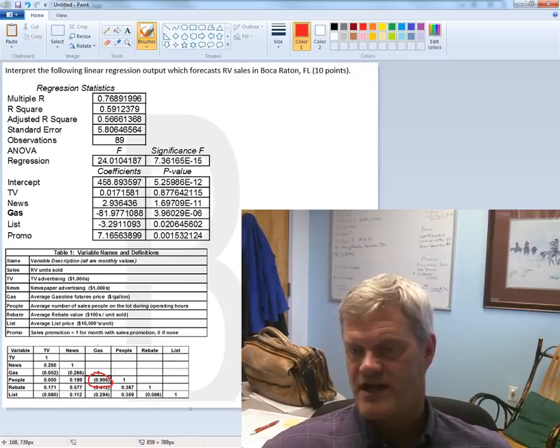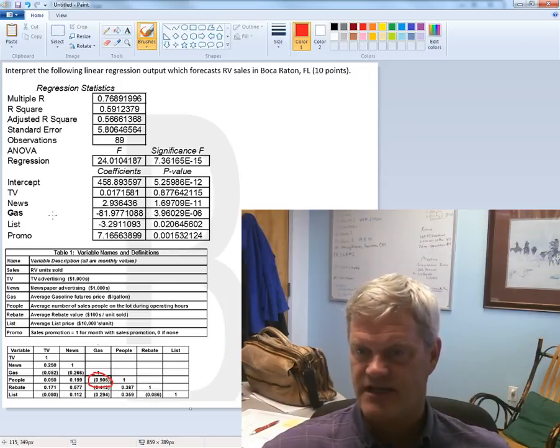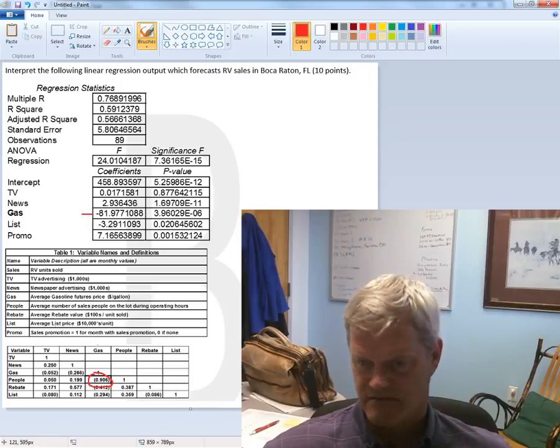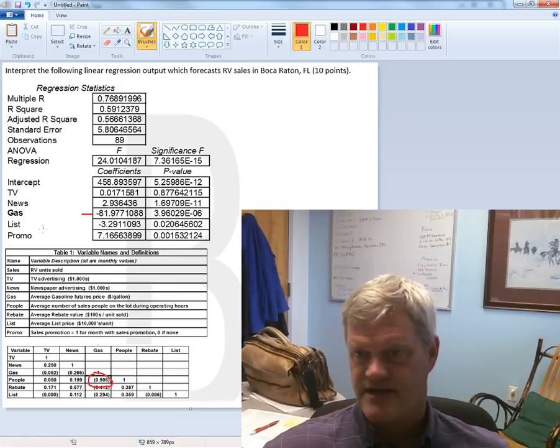The high correlation between people and gasoline means that these two coefficients... what's the other one? People, average number of salespeople on the lot during operating hours. That actually didn't make it into the final model, okay?